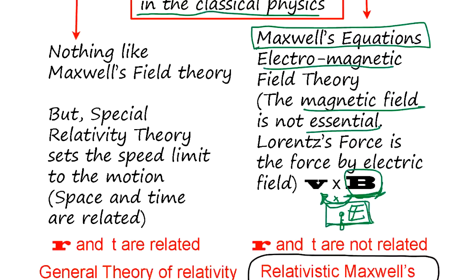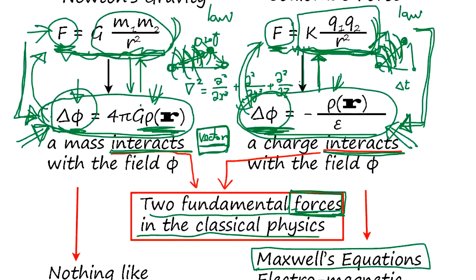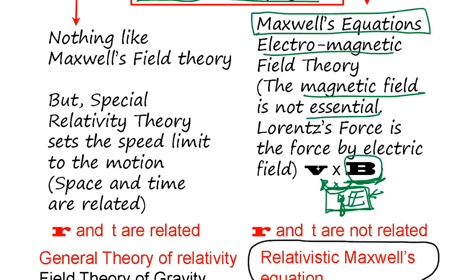So what is essential is the electrical force, and the interaction between the electrical force and the charge is actually the same as Coulomb's force. So when you learn the Lorentz force, physically what is fundamental is Coulomb's force. It's not really the magnetic field.